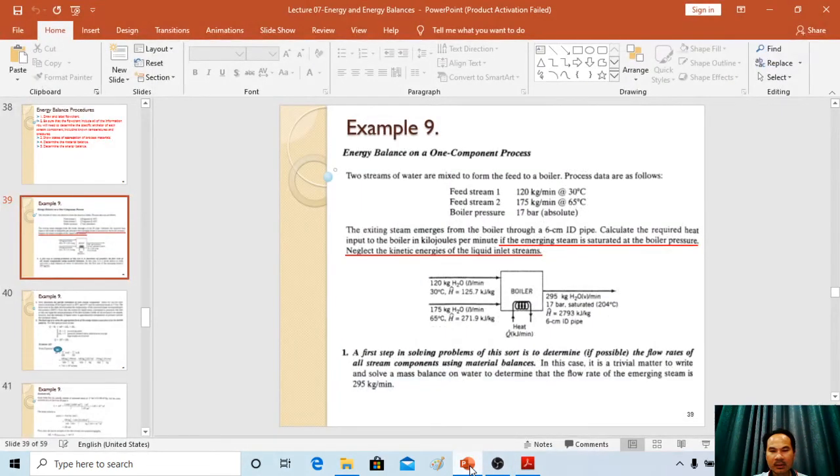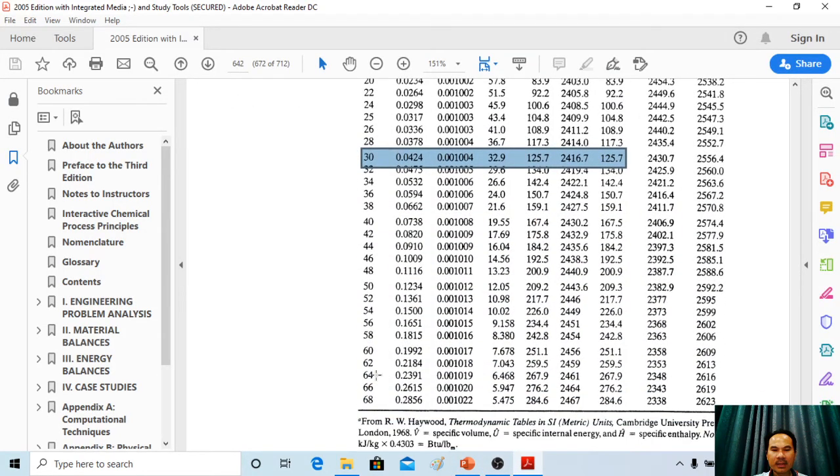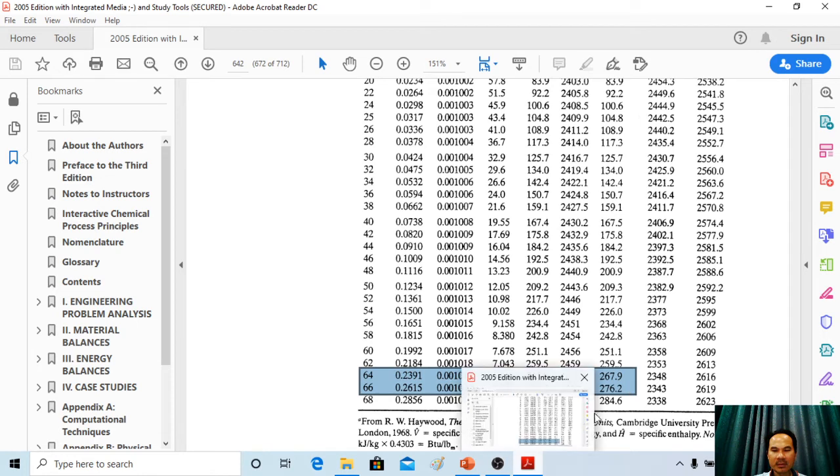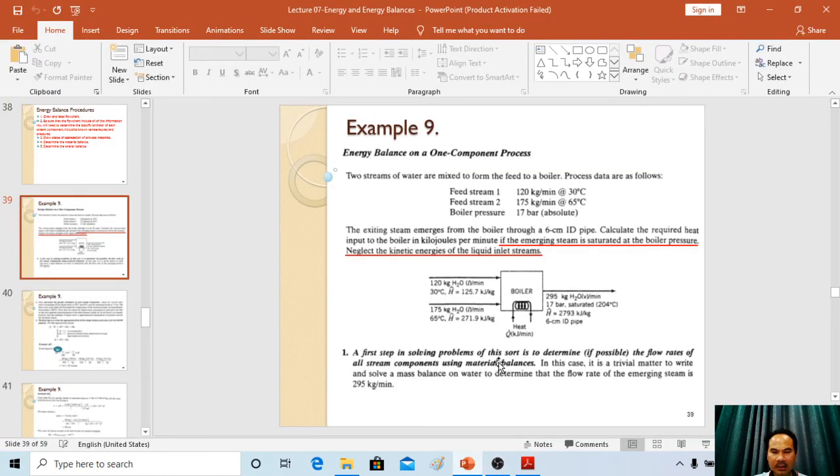Yes, 125.7. And how about 65? 65 is between 64 and 65, right? The value is between 267 and 276. It's located between these two values, so you have to interpolate. It's approximately 271.9 kilojoule per kilogram. For this case, you know the input at 30, you know the input at 65, and then you calculate the output.